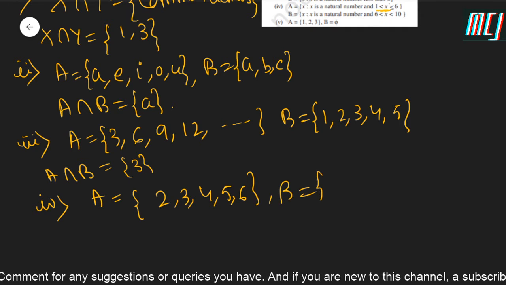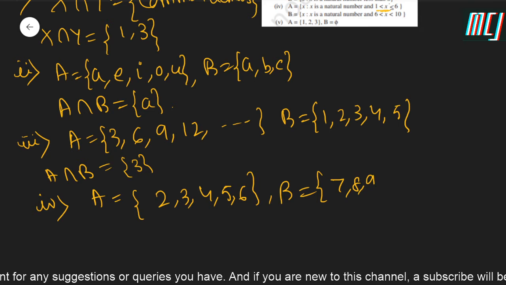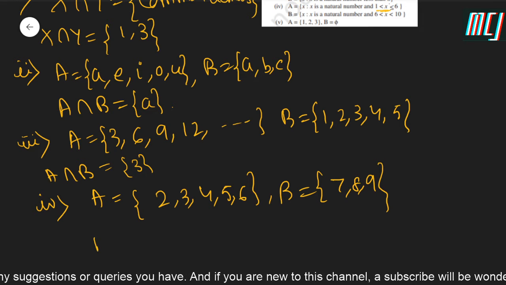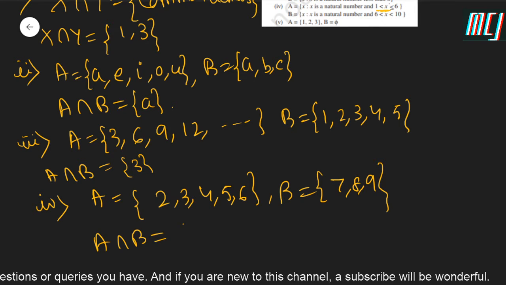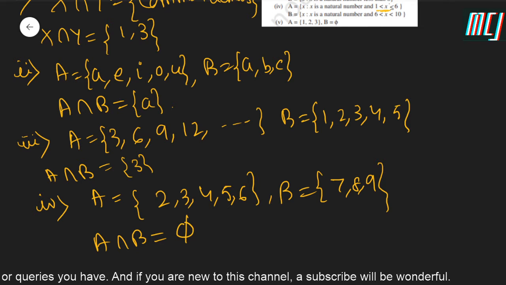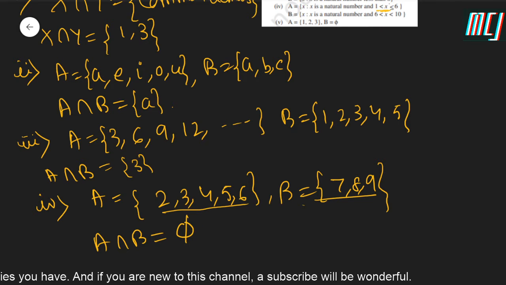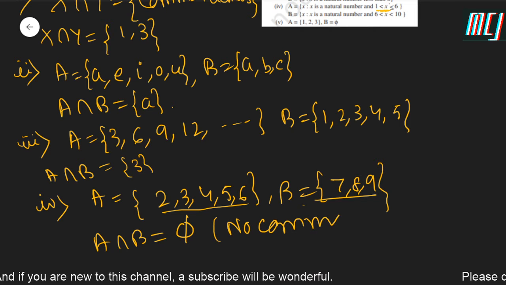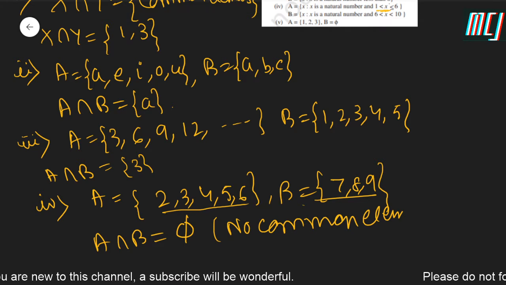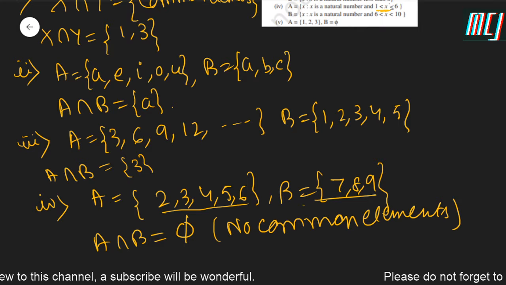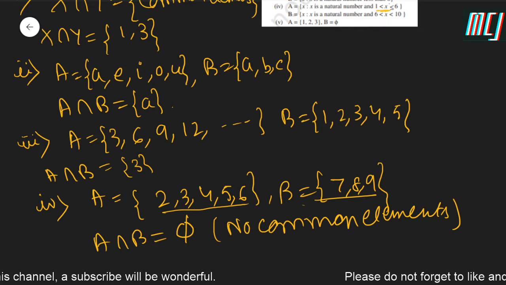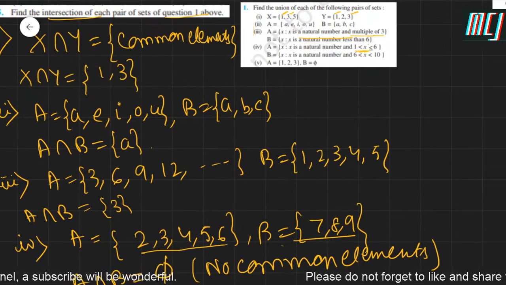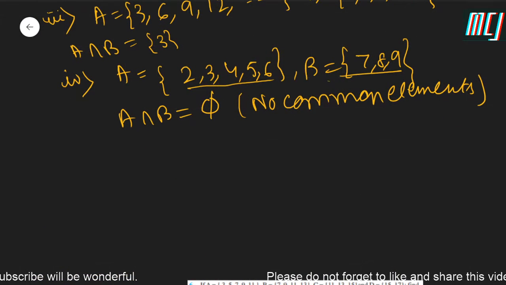So B equals 7, 8, 9. Okay. Now A intersection B. There is no intersection, no elements which are common. So no common elements. That means it's the empty set. Clear?